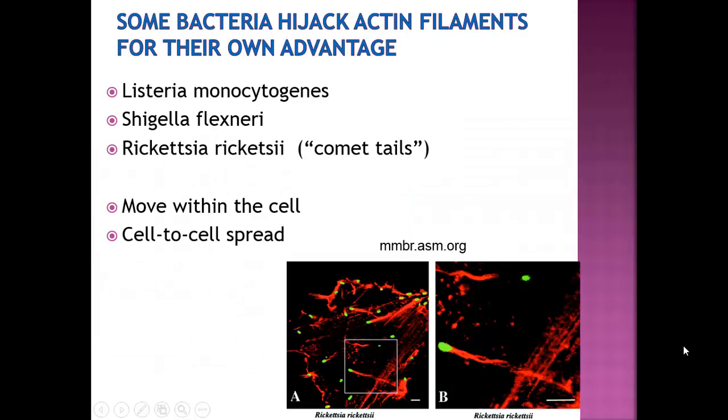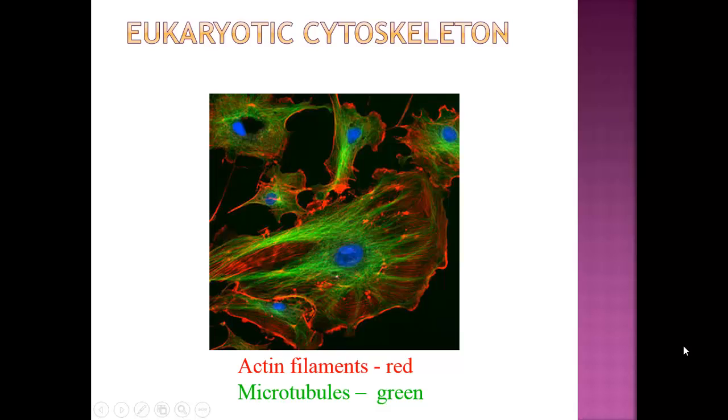Shown here is a wonderful fluorescent microscopy picture of a eukaryotic cell showing the actin filaments in red and the microtubules in green.